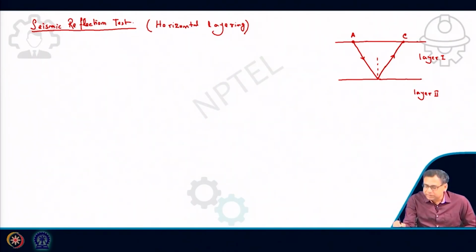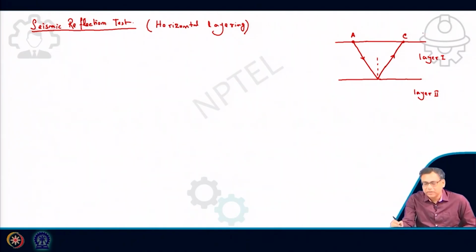If you place your receiver to the left or right, then a different wave will go to the receiver, reflecting between the interface, the boundary between two layers.